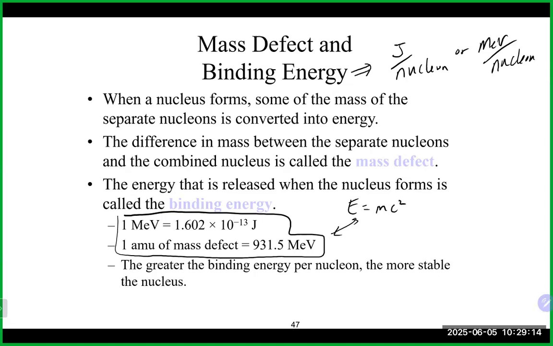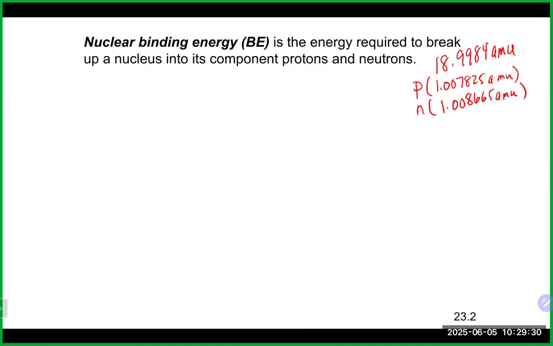And nuclear binding energy is also a measure of stability. As we will see shortly, the higher the binding energy is per nucleon, the more stable something is. So for example, if we had something like fluorine-19, we can calculate the nuclear binding energy.